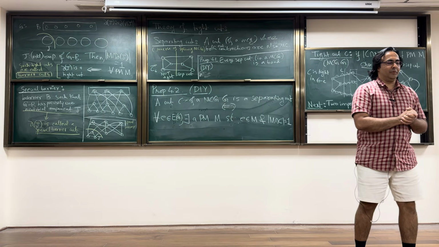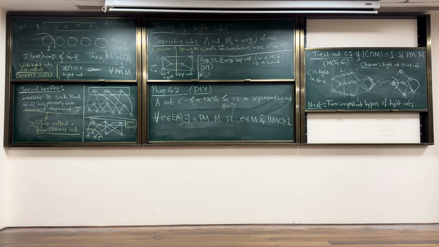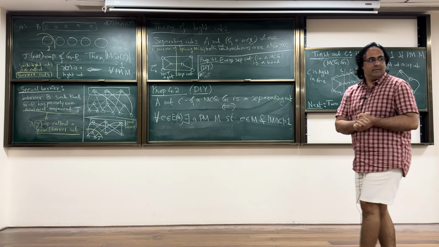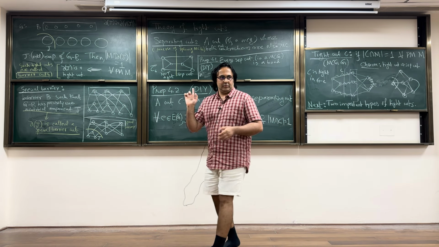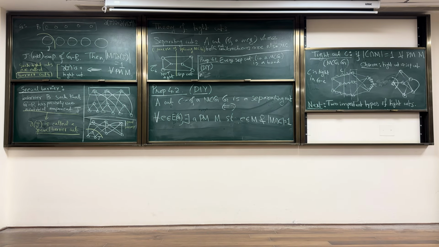If I give you a special barrier cut, then one of the two contractions is bipartite. And that is one reason why these cuts are actually important. So let me in fact give you an easy DIY.